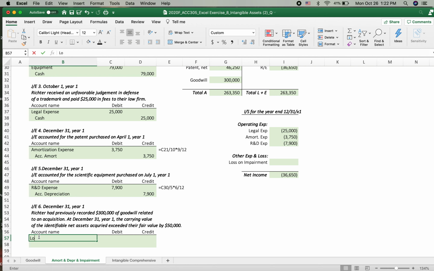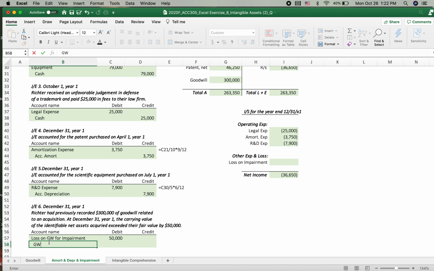So the company should record loss on goodwill impairment. So the total amount is $50,000, which is given.